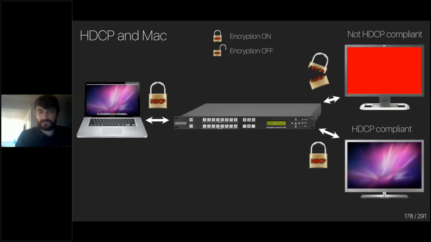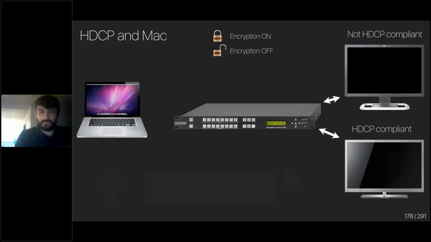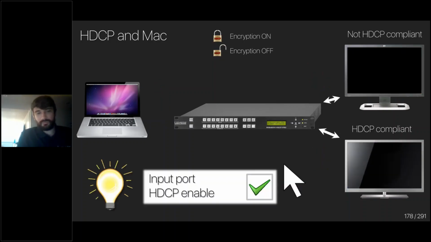So what's the solution to this problem? Well, on the input port on pretty much every Lightware device that's HDCP compatible, we have the option to enable and disable HDCP. Effectively, what this means, going back to talking about the DDC channel and the memory addresses, is that when the connected device tries to do the HDCP authentication and it addresses that HDCP memory address, our device just gives no response.